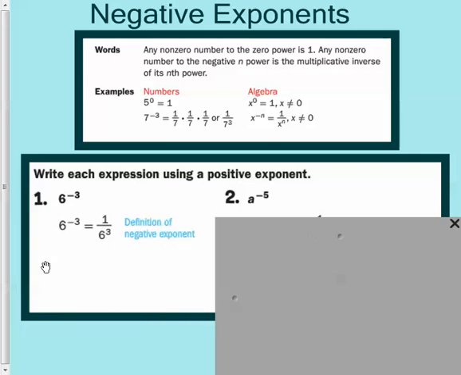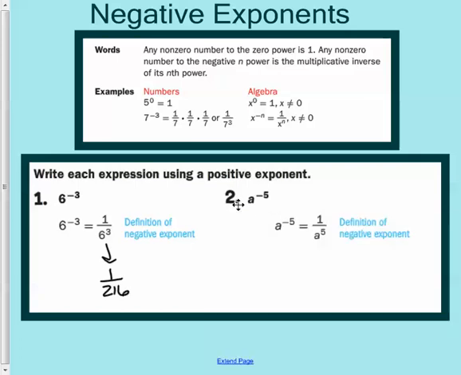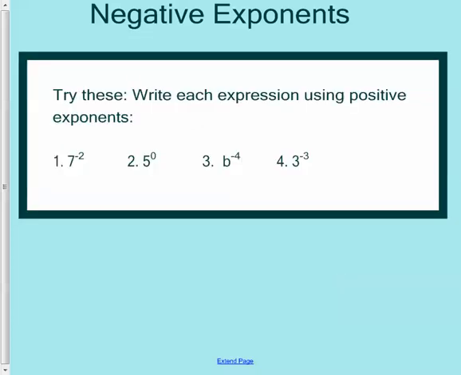For example, if I write 6 to the -3rd power, it's like 1/6 to the 3rd power, which we know 6 times 6 times 6 is 216. So it's 1/216. If we have a to the -5th power, it's like 1/a to the 5th power. Try these. See what you can do. I'll be back in just a second to show you the answers.